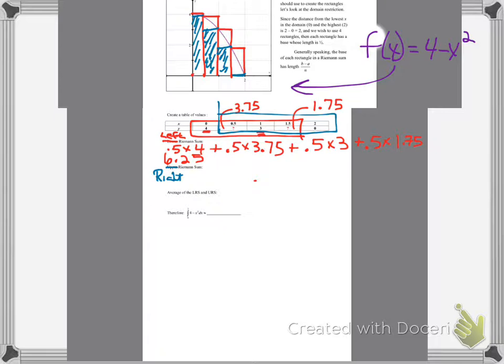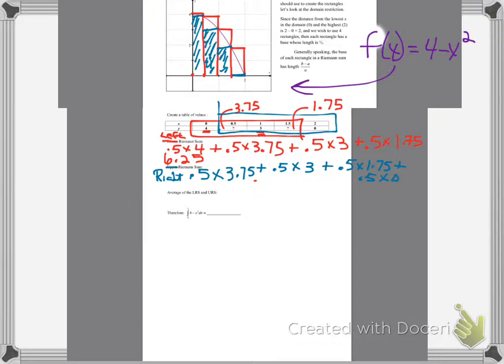So let's see if we can find what the multiplication looks like. So I'm going to say 0.5 because that's always my base, and now this time I'm not going to start with the 4 but start with the 3.75 plus 0.5 times the 3 plus 0.5 times the 1.75 plus 0.5 times the 0.